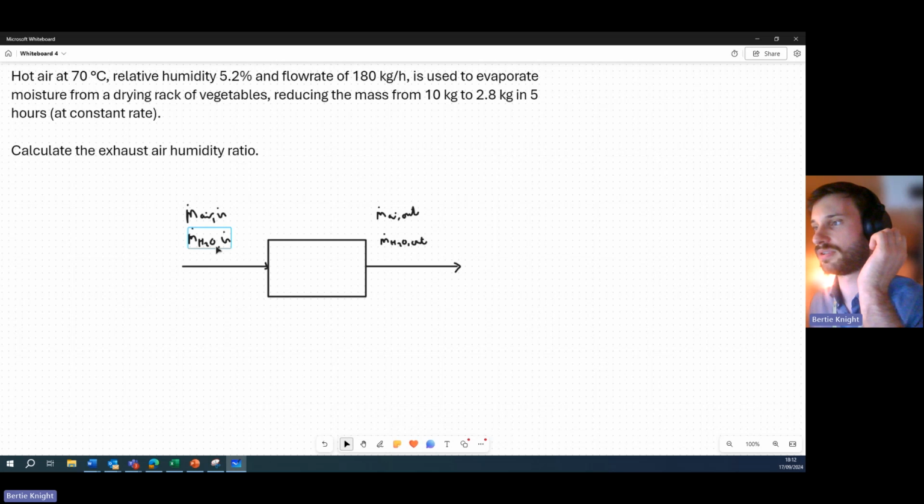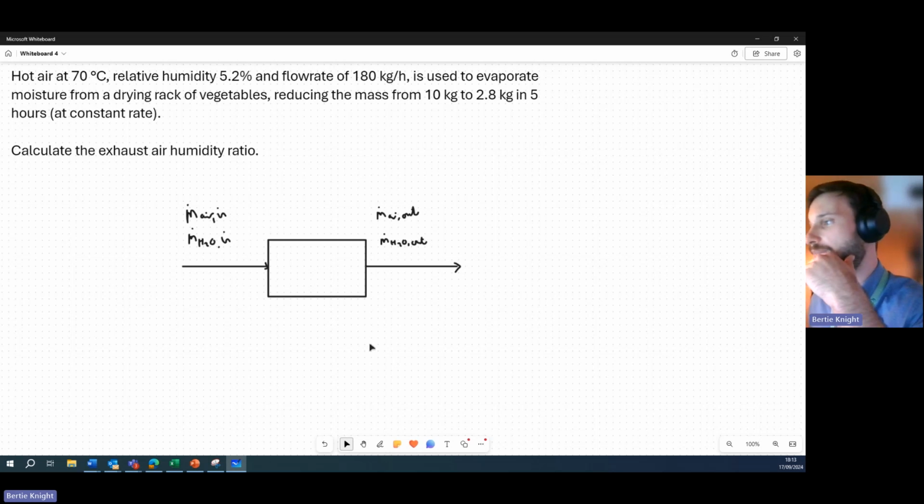There's a change in the mass of water going in to the mass of water going out, because some of the water leaving the system is the water that went into it, but some of it is also water that has been evaporated from the vegetables inside the drying rack.